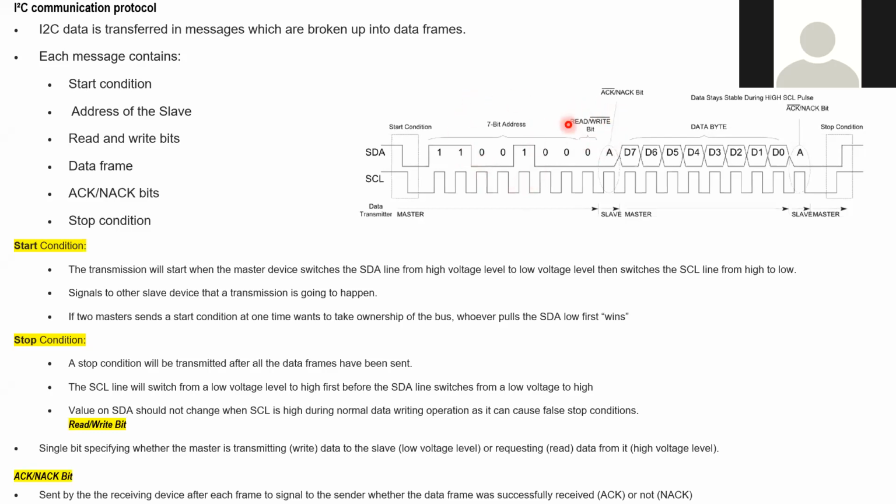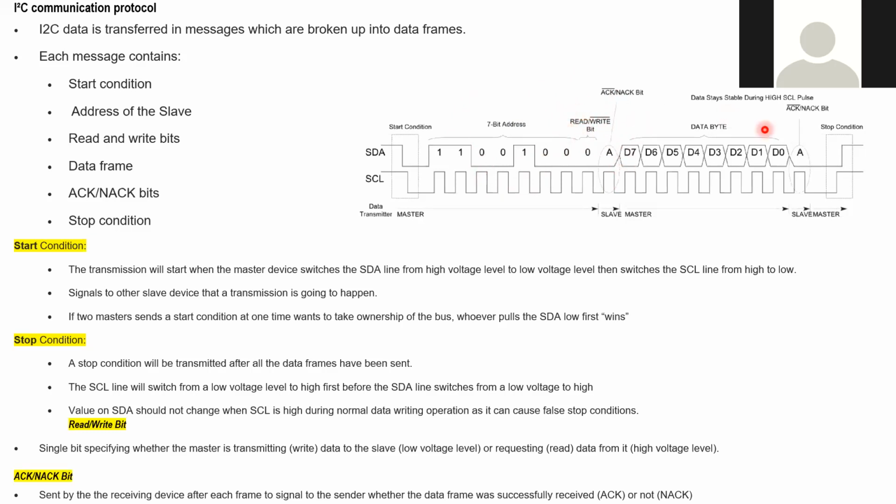Then read or write, whether I have to read from the line or write to the line. You all understand read slash write bar. That means read is logic level high and write is logic level low. So logic level low means I'm going to write to my slave device. If the logic level is high, I'm going to read from my slave device.